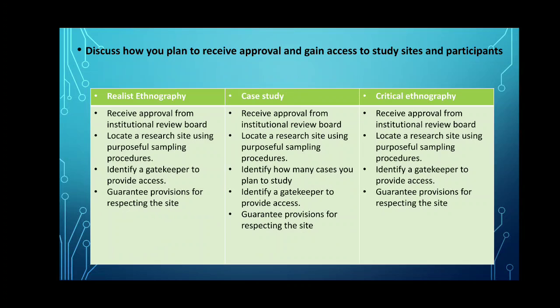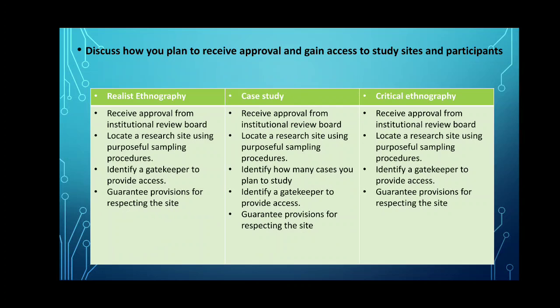In case study also, you have to receive the approval from the institutional review board. You have to locate a research site using purposive sampling procedures. Of course, the sampling followed will be purposive only, because we are taking the participants as our study demands it.